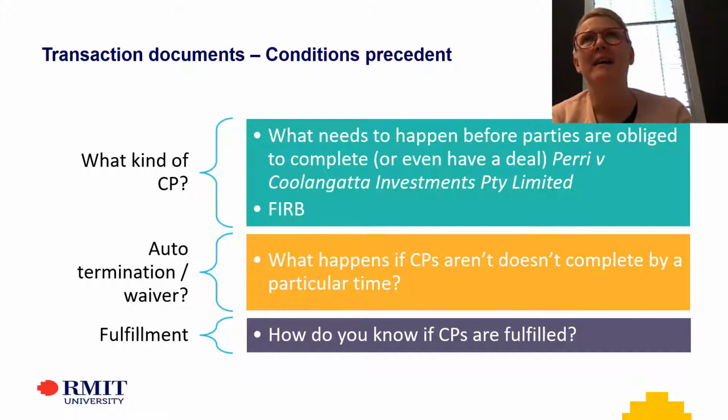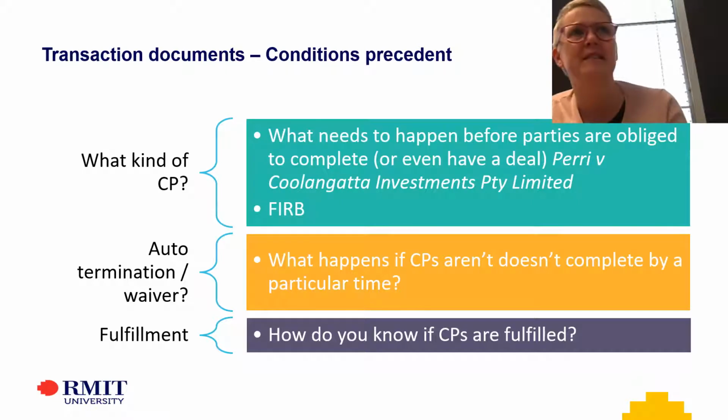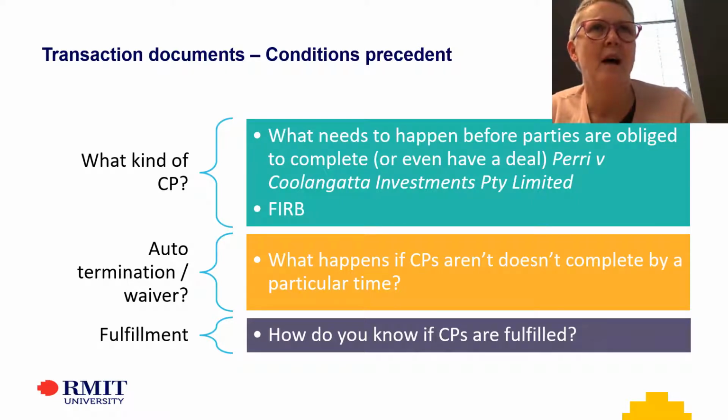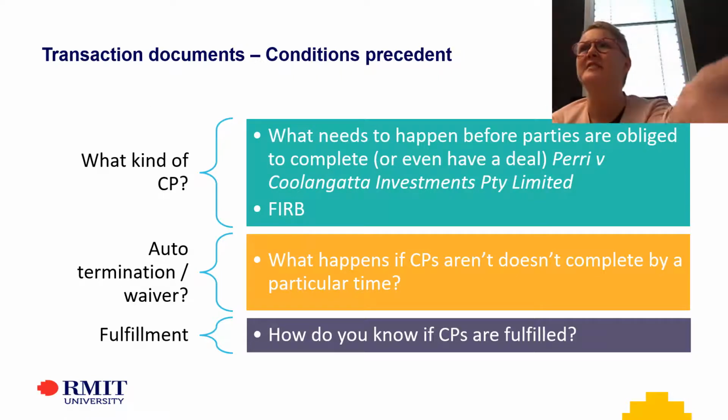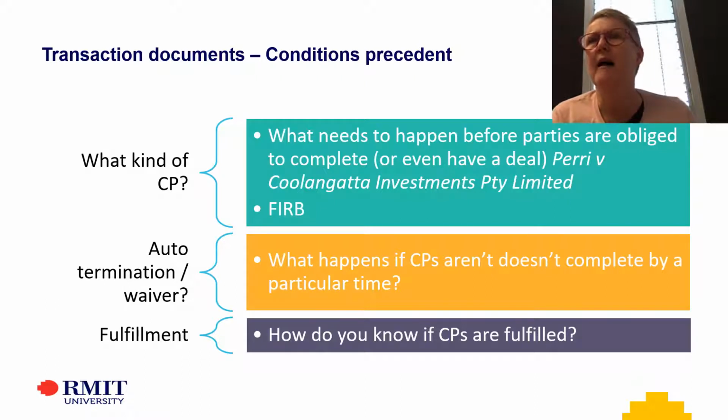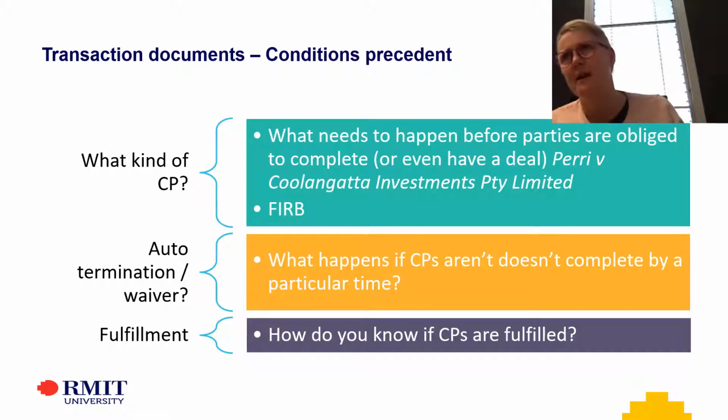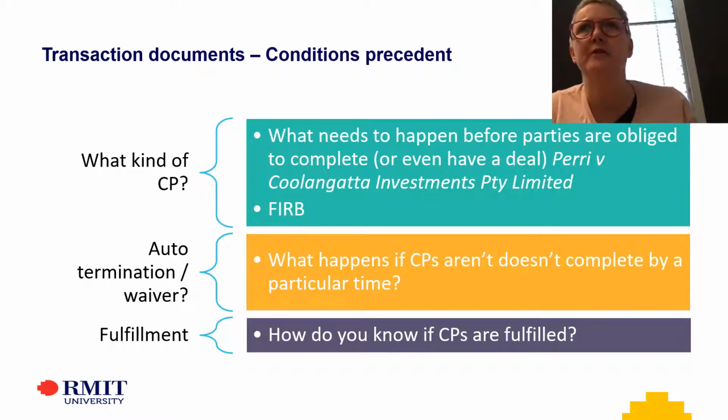So technically, if you have an agreement on foot and it terminates if a condition precedent isn't met, technically that kind of condition precedent is actually a condition subsequent. A condition precedent, used as a technical term, means a condition that must be fulfilled before an agreement is on foot. So technically, most CPs are actually condition subsequent. We have an existing agreement that gets terminated if it hasn't been fulfilled.